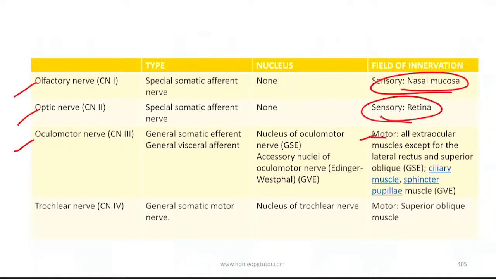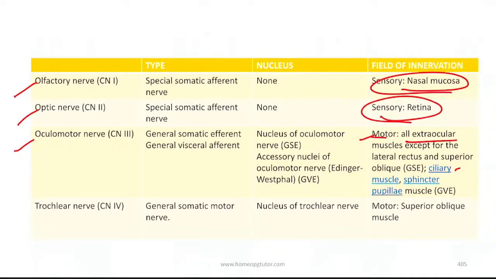Motor supply is to all the extraocular muscles except for the superior oblique and lateral rectus, and then it also gives off supply to the ciliary muscles and also to the sphincter pupillae.